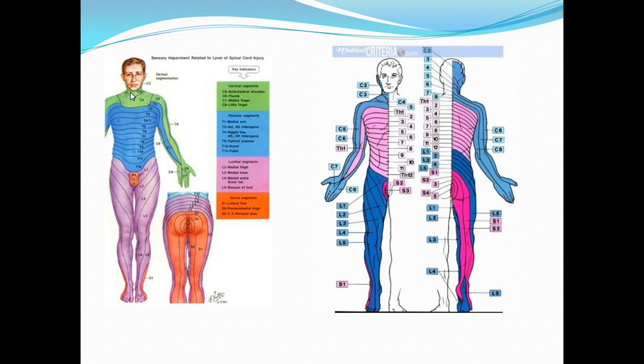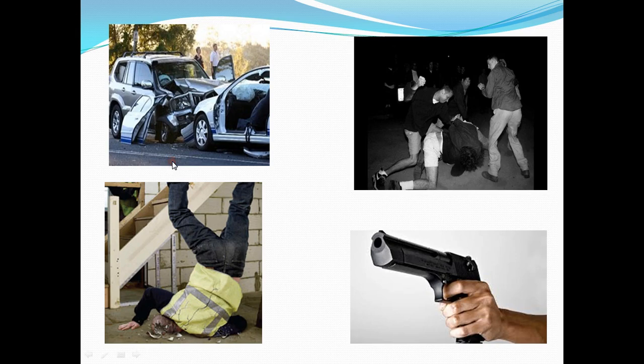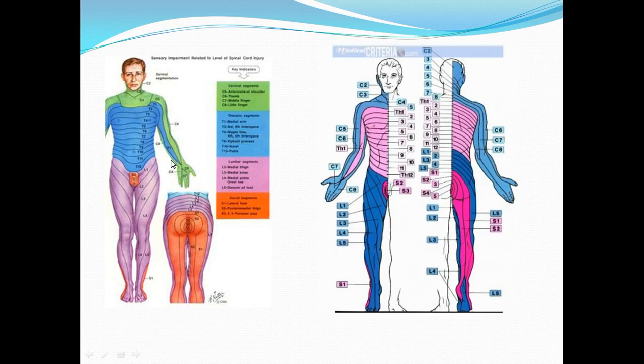So if we know about these sensory divisions, then we can localize whether the lesion is in the cervical or thoracic or lumbar region.